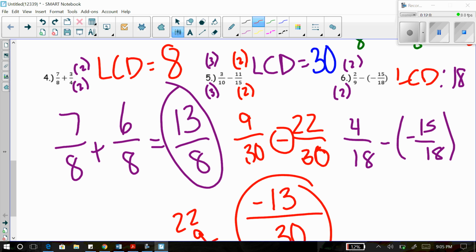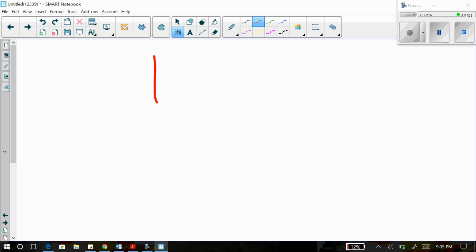That's the rewrite part. Now we keep our denominator. And if you remember this trick, 2 negatives actually make a positive. So 4 plus 15 is actually 19. Let's practice making 19 18ths into a mixed number.